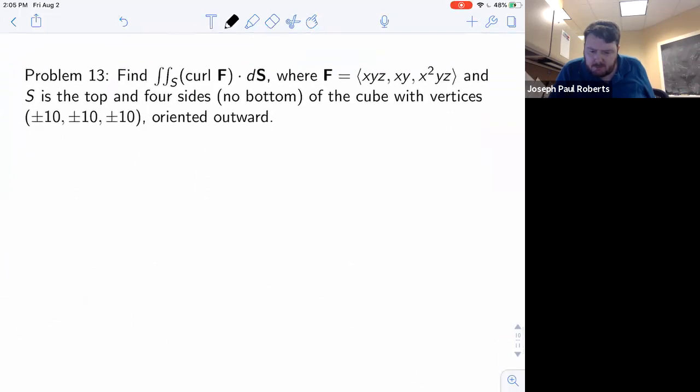And then the last problem I wanted to look at was 13. So notice, these are both coming from the Stokes' theorem section. And you have to, ASAP, really start paying attention to what's being asked and all those little details. I know that we've been learning a lot of stuff and your head's probably spinning, but you're going to want to pay attention to all the little details.